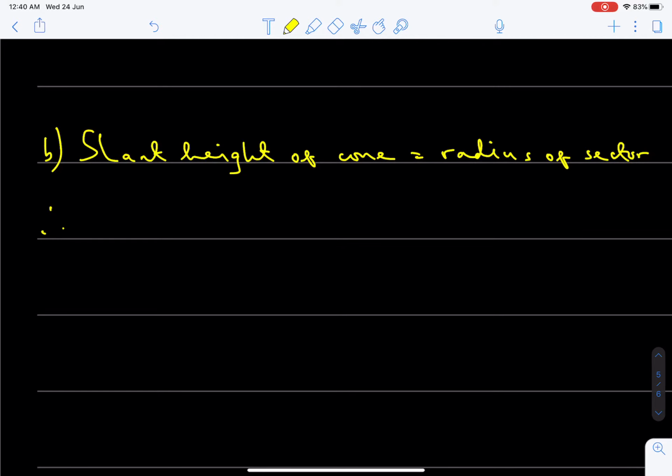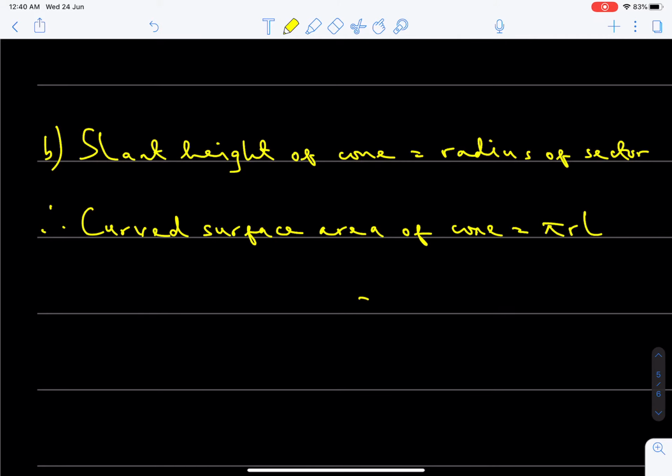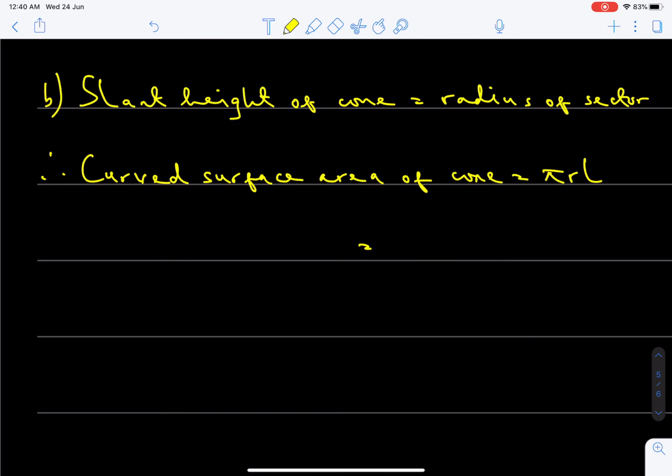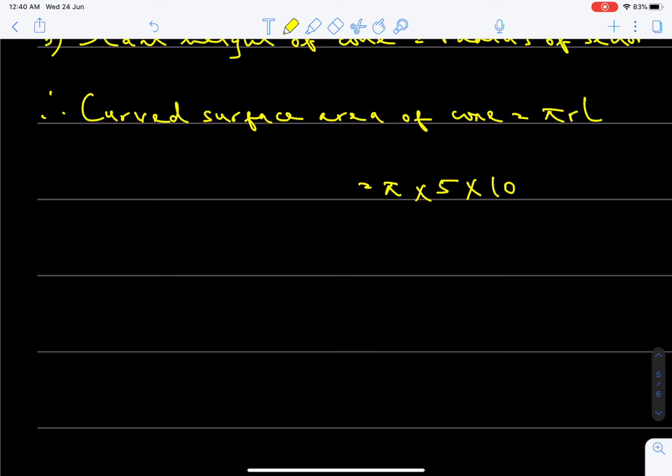We can now say, therefore, that the curved surface area of the cone equals pi r L, and that's the same as pi times r, the base radius of the cone, times L, which is the same as the radius of the sector, 10 centimeters.